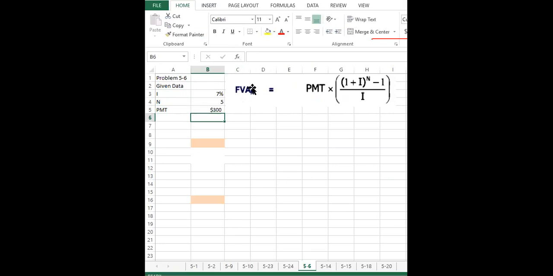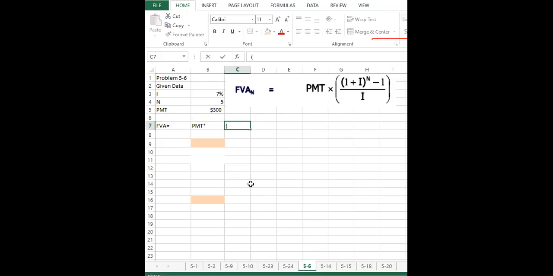So this is the formula to calculate future value of ordinary annuity. Future value of annuity is equal to payment multiplied by the factor.